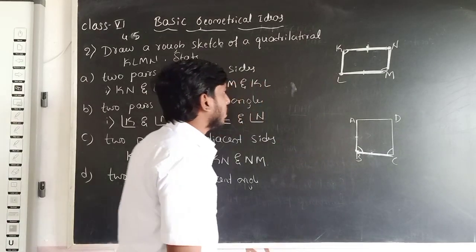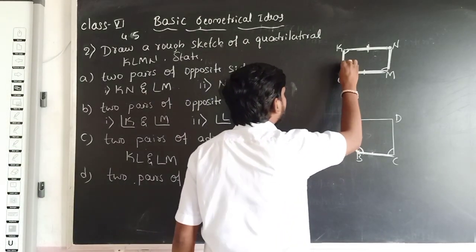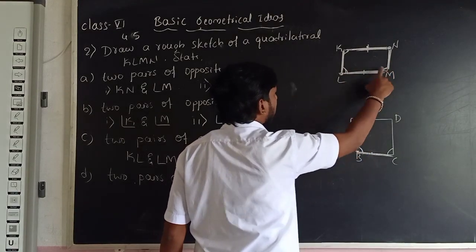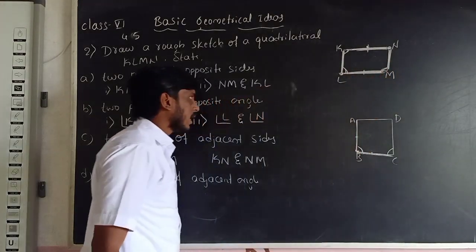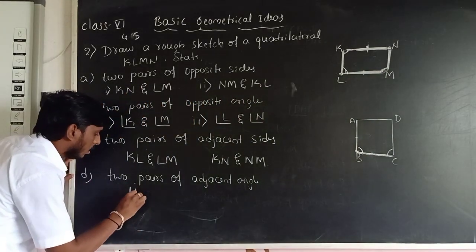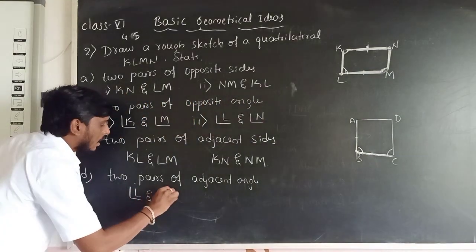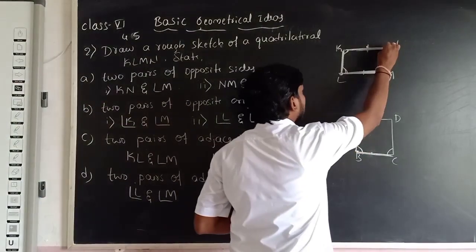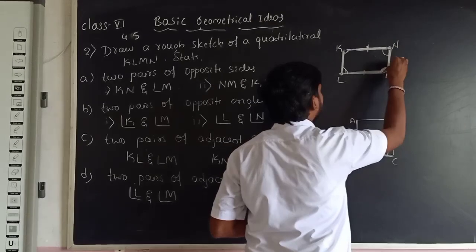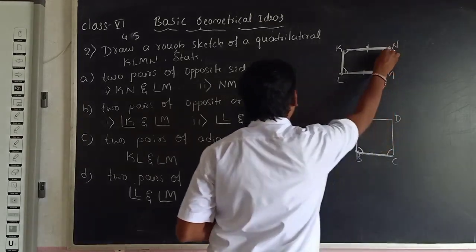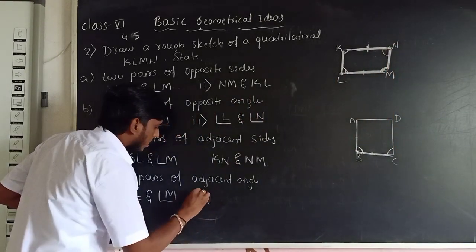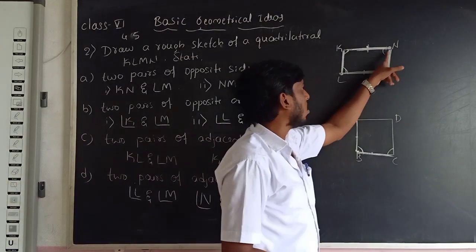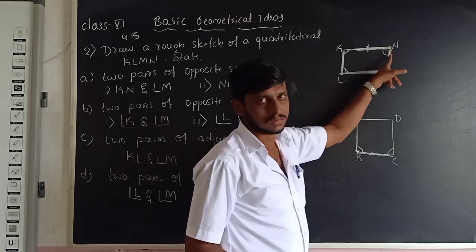With respect to this one, I will select L and M. They are adjacent angles, because these two angles have a common arm LM. One more: angle N and angle M are also adjacent angles, because they have a common arm NM.